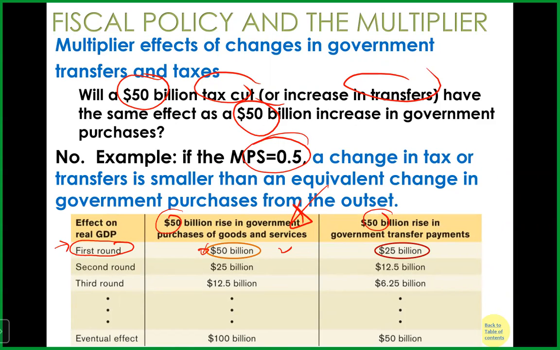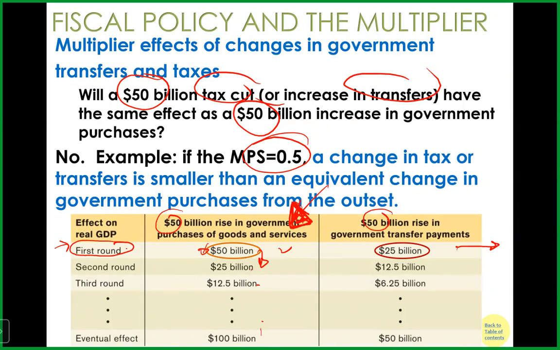So immediately you can see that in the first round, there's a difference in their impact on real GDP. But after the first round, everything is the same; the only difference is the magnitude. If the government spends initially, you have 50, 25, 12.5, and so on.